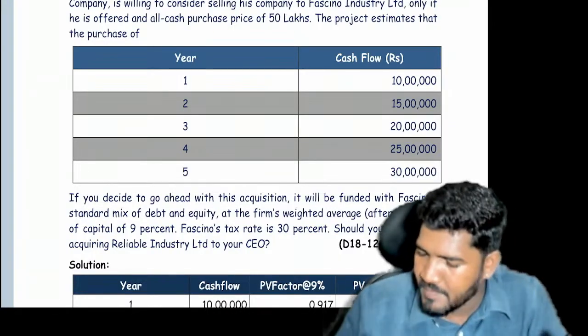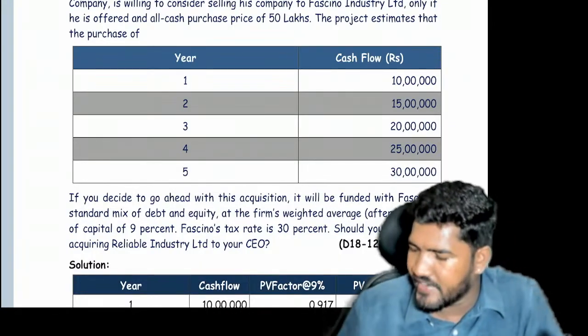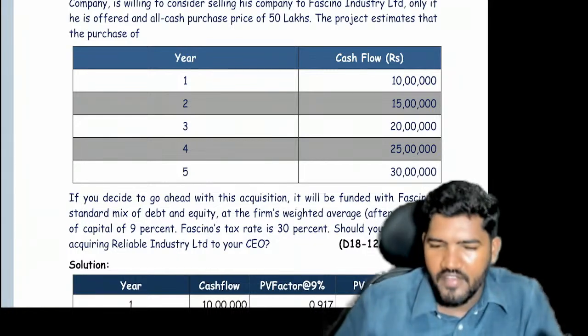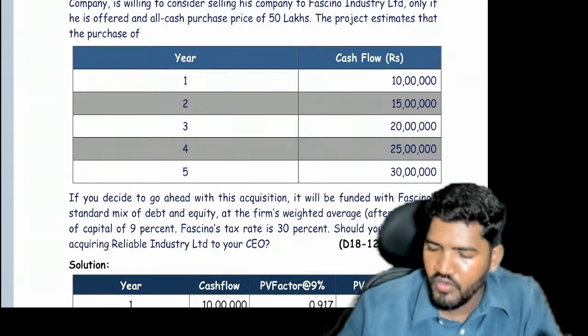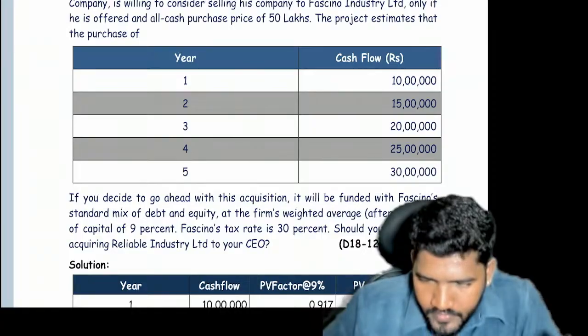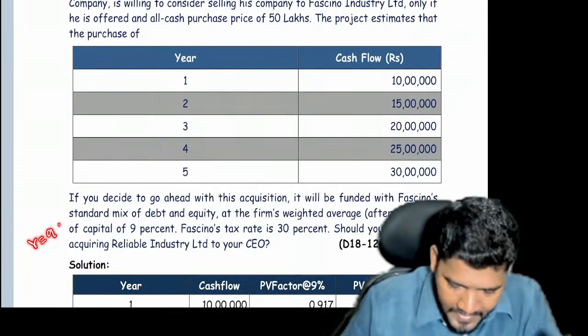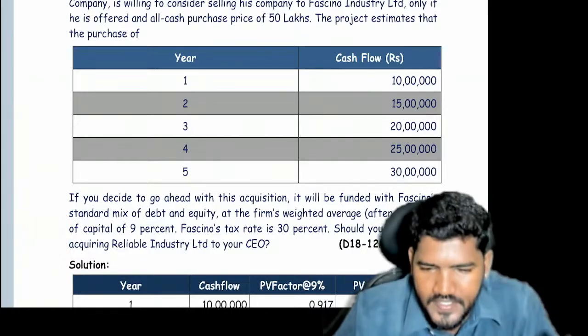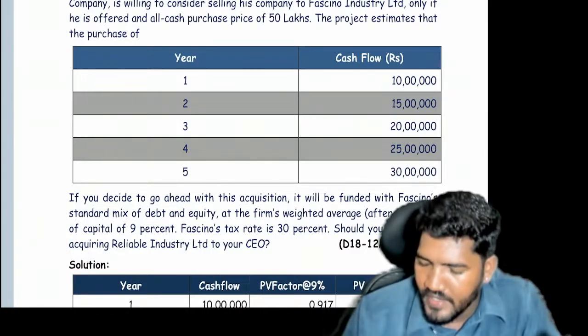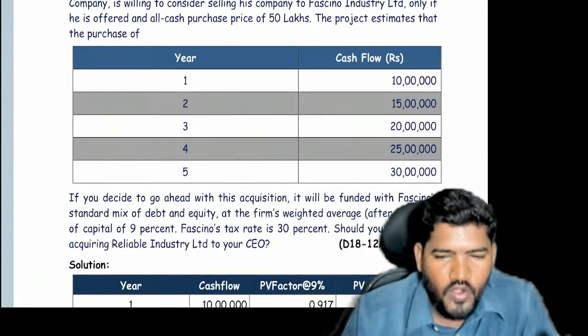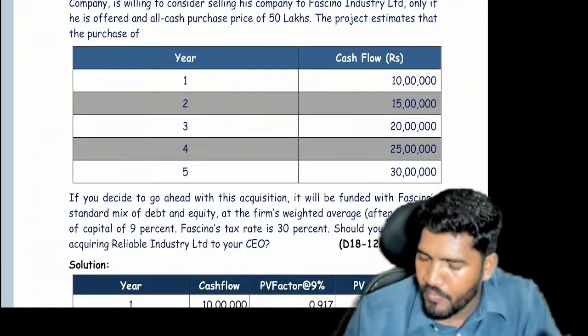So how do we calculate present value? There is a trick in the calculator. I think everyone knows this. If you don't know, learn now. Take 1 divided by 1 plus r, where r is nothing but 9%. So 1 divided by 1 plus r means 1.09.